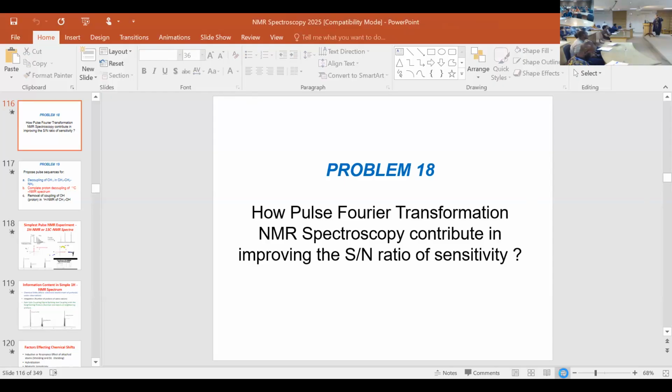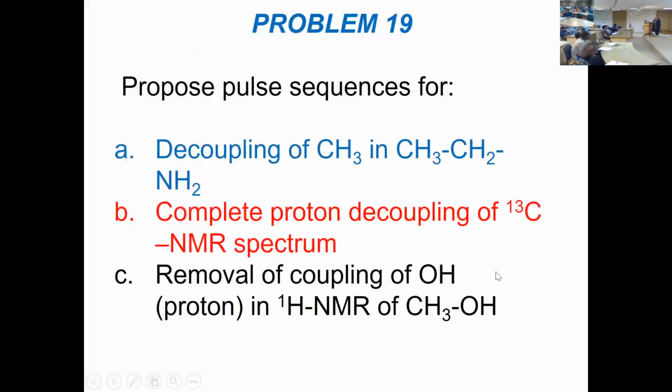These number of scans are actually the number of experiments. So each scan is one experiment. When you increase the number of scans, you are increasing the number of experiments. The signals are overlapped.